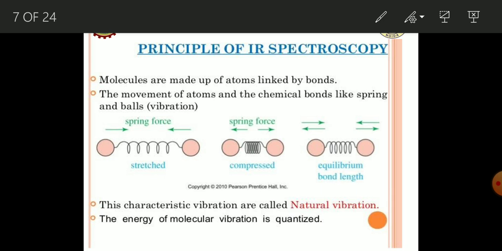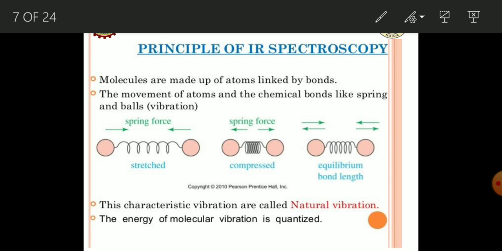At ordinary temperature, the atoms in an organic molecule are in a constant state of vibration. Means the movement of atoms and the chemical bonds are in a constant state of vibration.